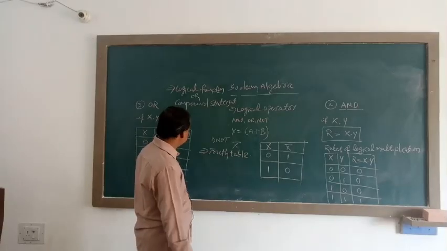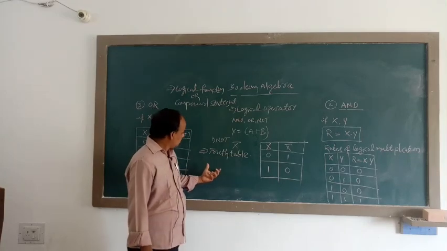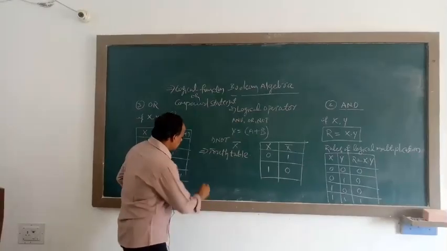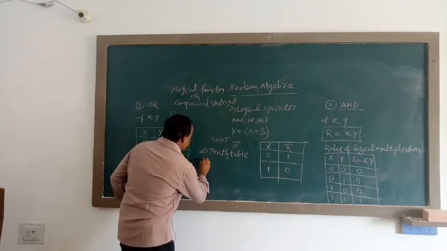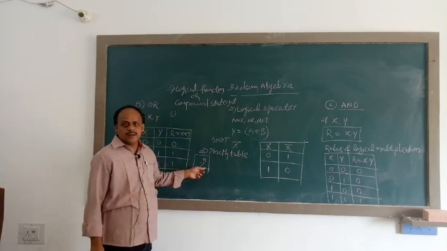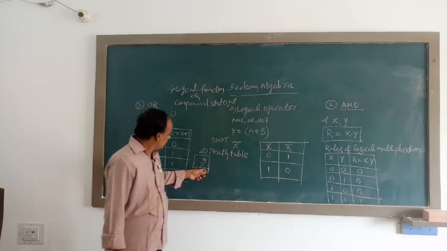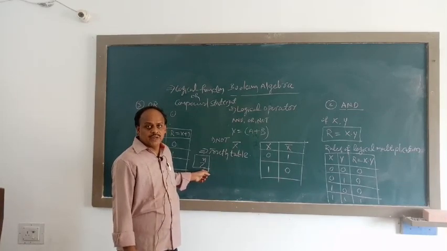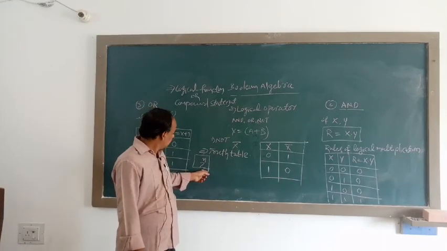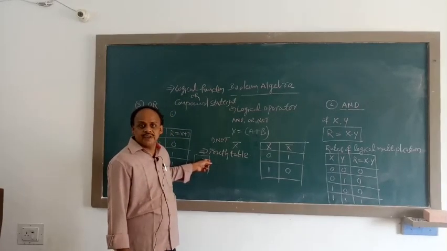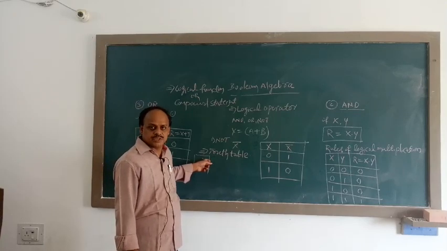For example, 2 power n. This is the standard formula. This is very, very helpful in evaluating Boolean expressions. Here n indicates the number of variables in a Boolean expression.